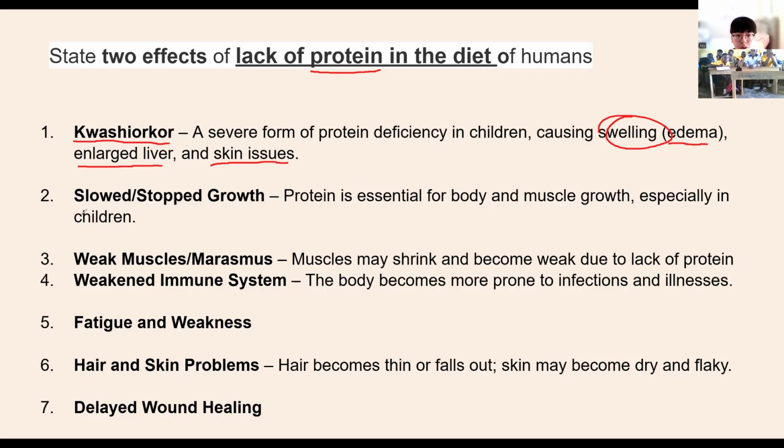And if you lack protein, you also have slowed growth. You also have weak muscles or this thing called marasmus. Marasmus is also the weakening and shriveling of muscles. So you appear very, very thin.